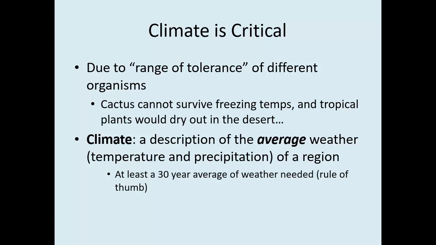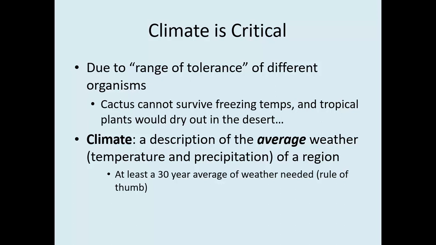Tropical plants wouldn't do well in the desert, and so they need high levels of rainfall and moderate temperatures, but many tropical plants also need it to be above freezing. So that's the range of tolerance, and you can see that it depends predominantly on precipitation levels and temperatures.